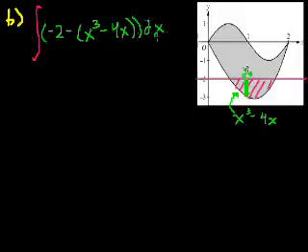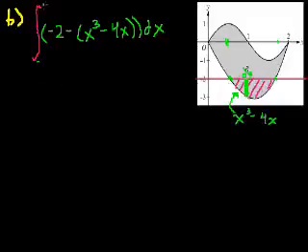And then we're going to take all of the sums from x is equal to whatever this point is to whatever this point is. So we need to figure out this value of x, which is going to be here, and then this value of x, which is going to be there. And so these are really just two of the points where these two functions intersect each other.